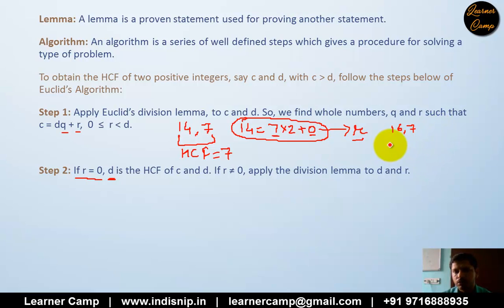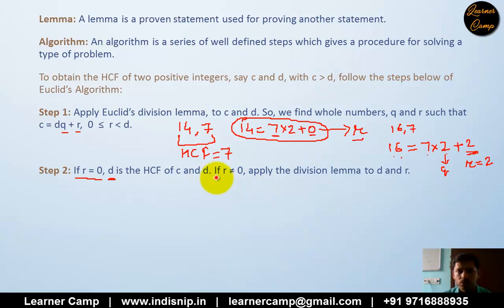We can express it like this in Euclid's division lemma: 16 is equal to 7 multiplied by 2 plus 2. 7 multiplied by 2 is 14 plus 2, that is 16. So in this case, 2 is r, and r is not equal to 0. And q is 2 in this case.